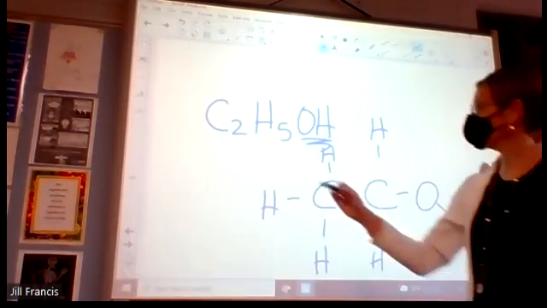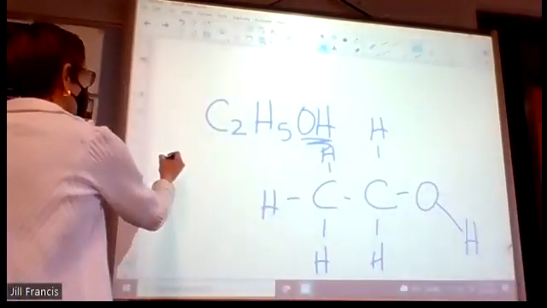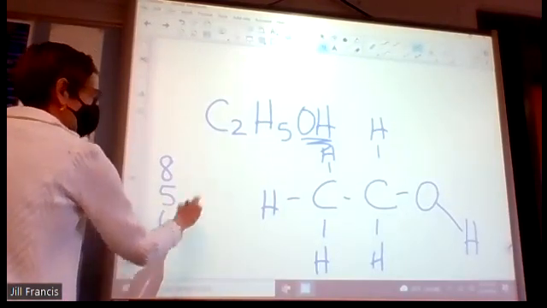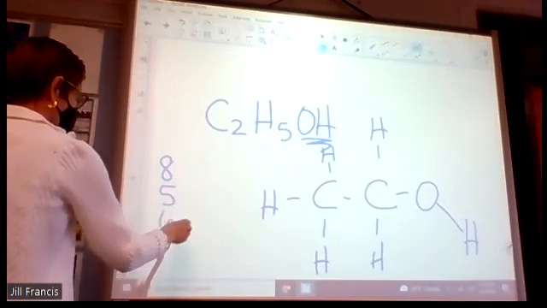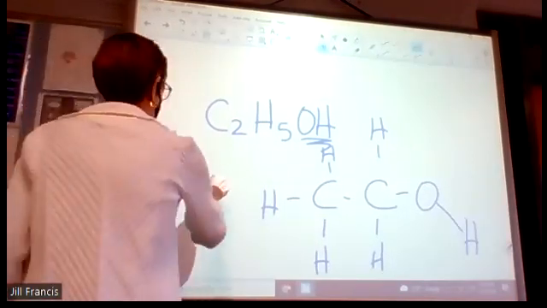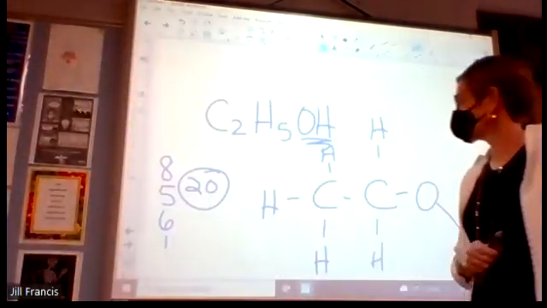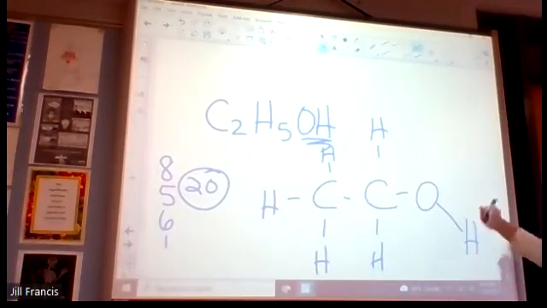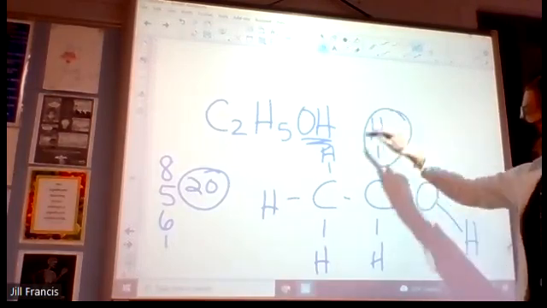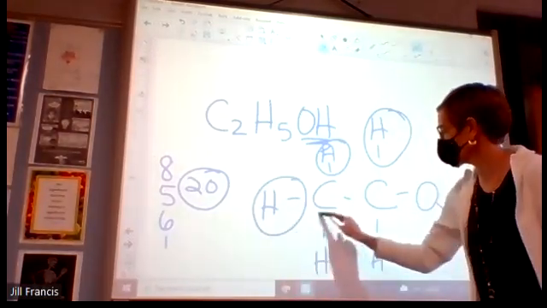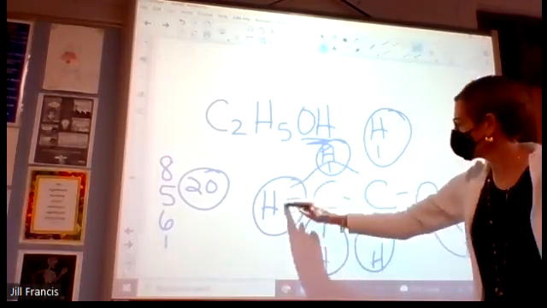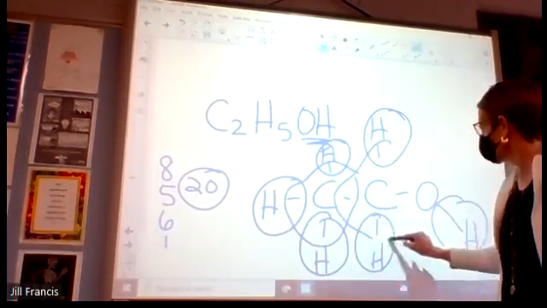We add up our electrons. Each carbon has 4, so that gives us 8. 5 for our hydrogen, 6 for our oxygen, and another 1 for our other hydrogen. So that's what, 12, 20. Okay, so we need 20. Carbon has 4 bonds. Carbon has 4 bonds. Oxygen has 2. All the hydrogens have 1. Full shells for all of our hydrogens. Full shell for our carbon here and here.